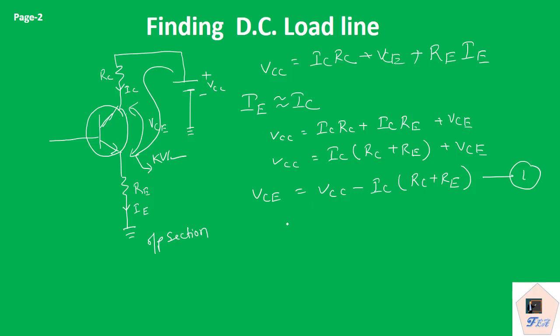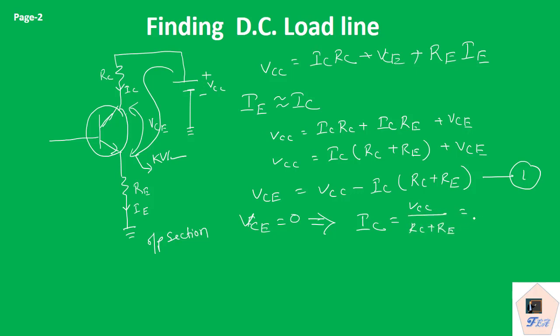Now from this equation we can find the two important points of the DC load line. If we put VCE equal to 0, then we find IC is equal to VCC by RC plus RE.